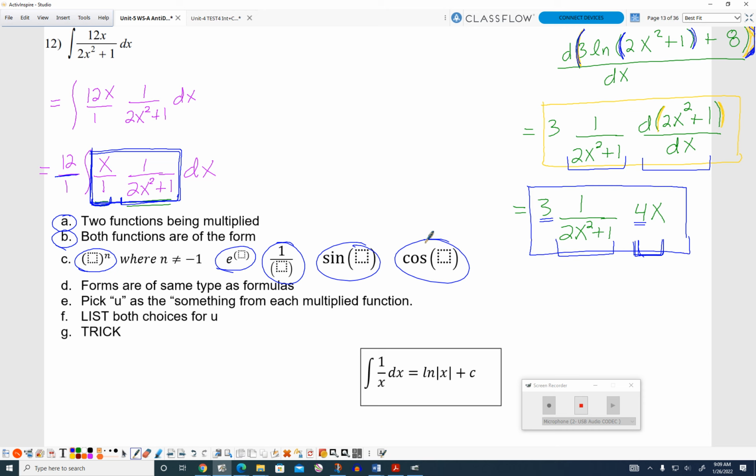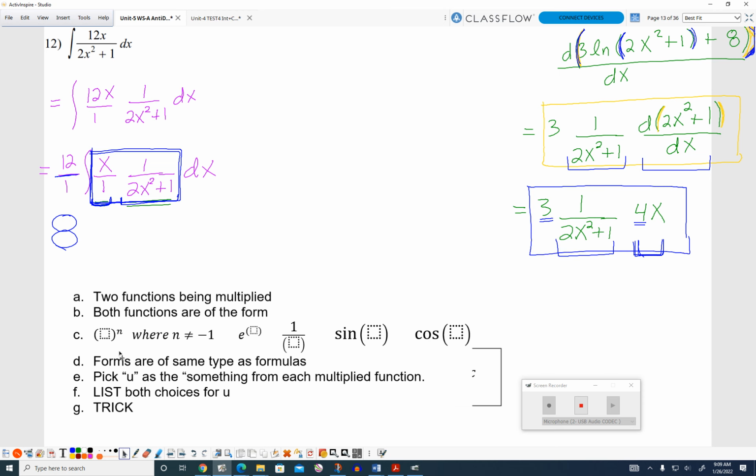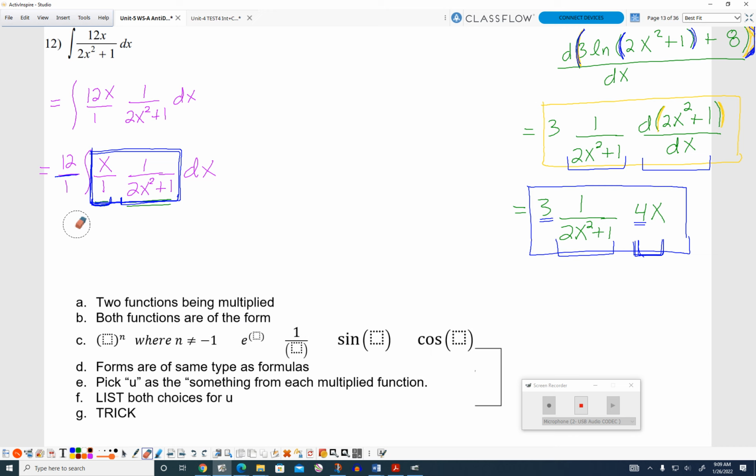So that's where you begin your thinking: I've got 2 multiplying functions, and I've got to see how they fit my antiderivative rules. So I notice that the very first one here, x, fits the power rule. X to the first. The second one fits the ln rule, 1 over something, like that.